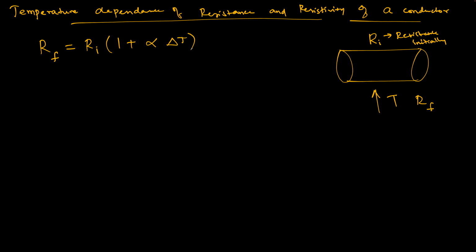This expression is very much similar to what you would have seen in thermal expansion of solids. You would have written L is equal to L naught into 1 plus alpha delta T. A is equal to A naught into 1 plus beta delta T. You would have seen, no? It is something similar.